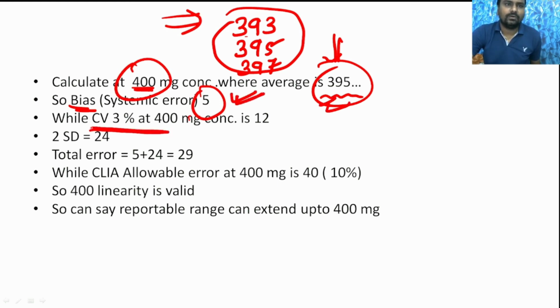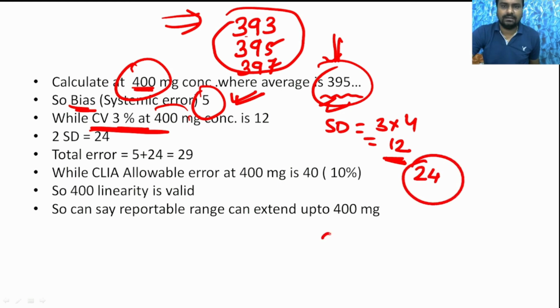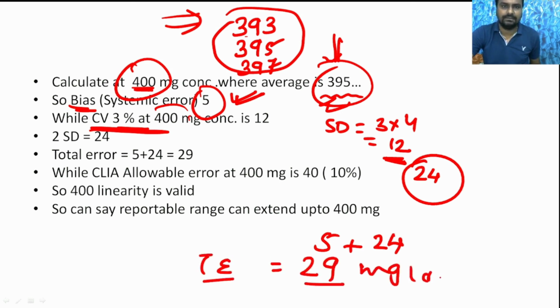And for the CV of 3% of glucose in our lab, for 400 milligram concentration, SD will be 3 into 4, that will be 12, and 2 SD will be 24. So the systematic error is 5 plus the 2 SD value of 24. So the total error of our lab for glucose will be 29 milligram per deciliter.